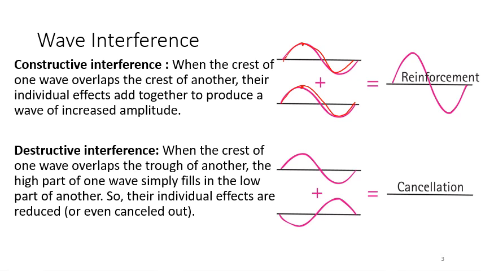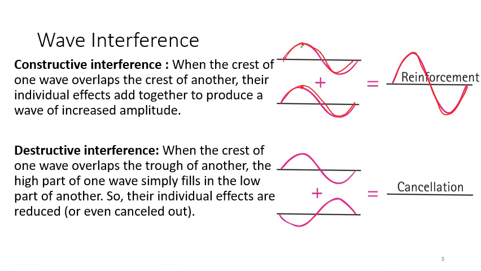So if these two waves happen at the same place, they will reinforce each other and create an increased amplitude. You can see that this is the resultant wave, so it has increased amplitude.